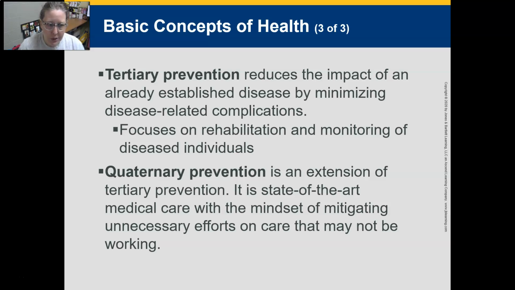Now, quaternary prevention is an extension of tertiary prevention. It is state-of-the-art medical care with the mindset of mitigating unnecessary efforts on care that may not be working. So once we go into quaternary prevention, we're trying to not overtreat or overdo. So trying to mitigate last-ditch efforts which may cost a lot of money and not do a lot for the patient.